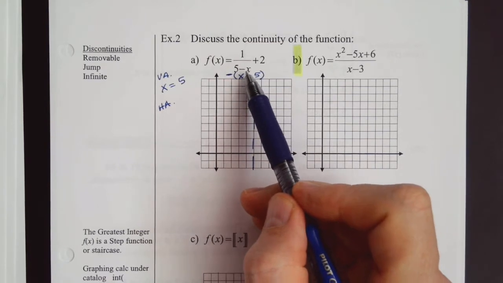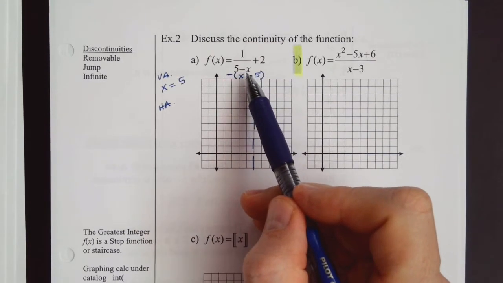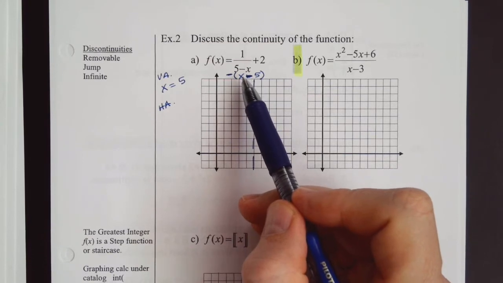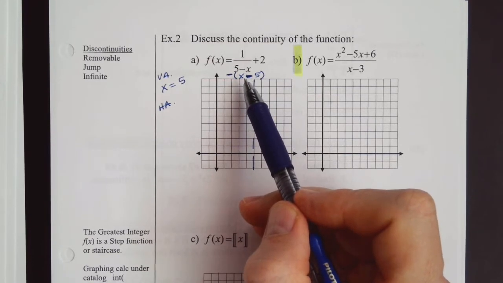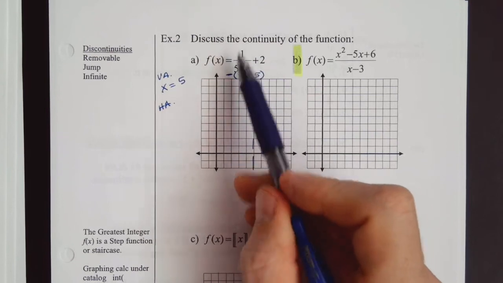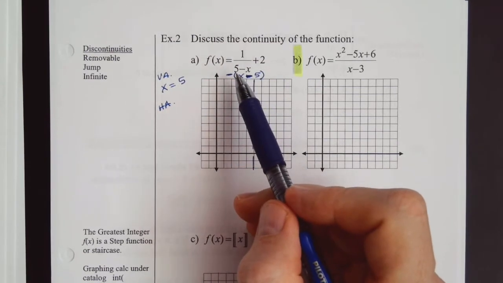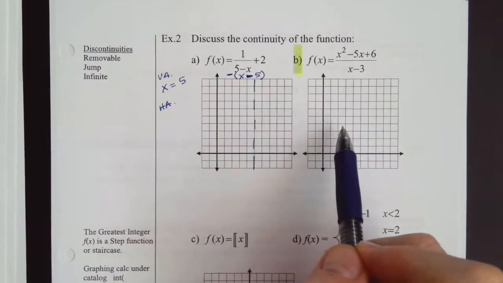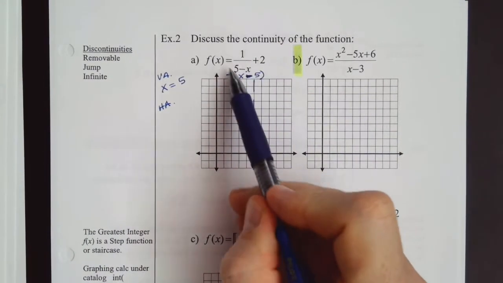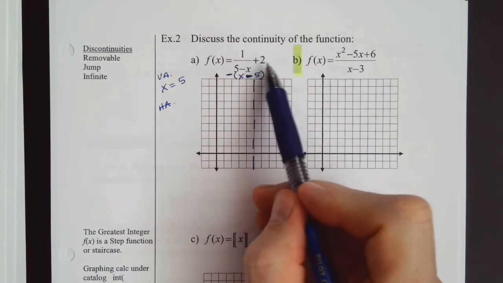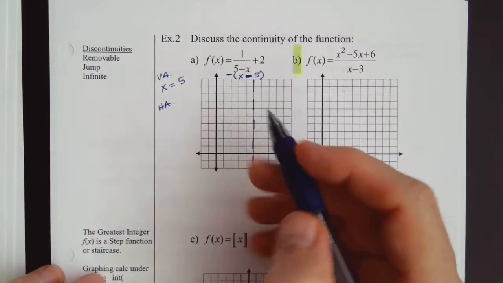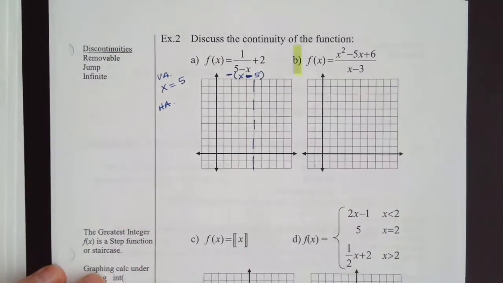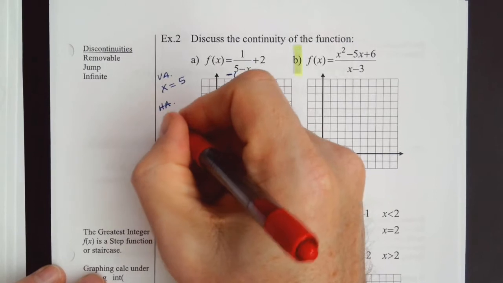If you put in a billion, 5 minus a billion is negative 999,999,995. So 1 divided by that is going to be pretty tiny, pretty close to 0. So as we go to infinity, this is really close to 0. So 0 plus 2 is 2. So we have horizontal asymptote at y equals 2.